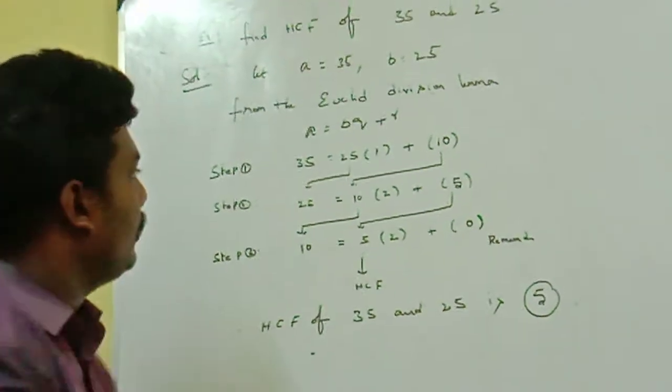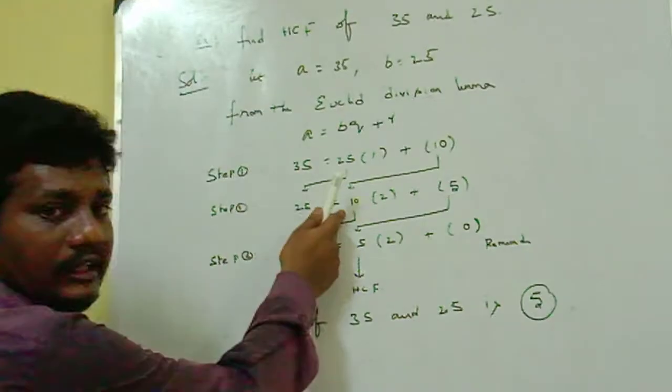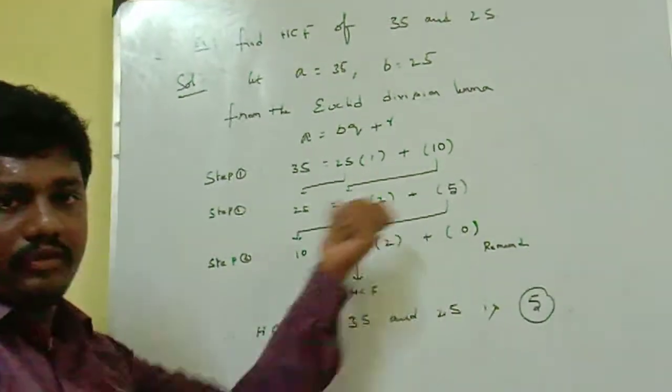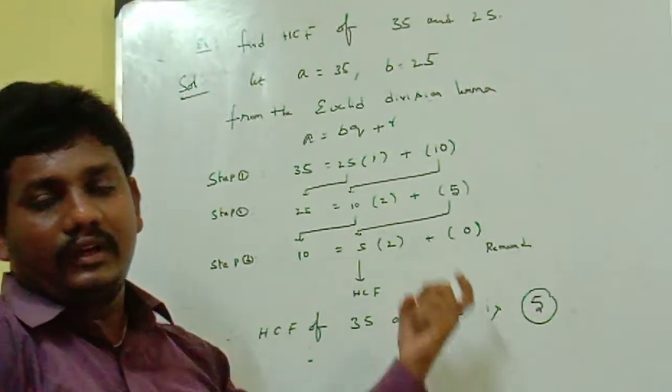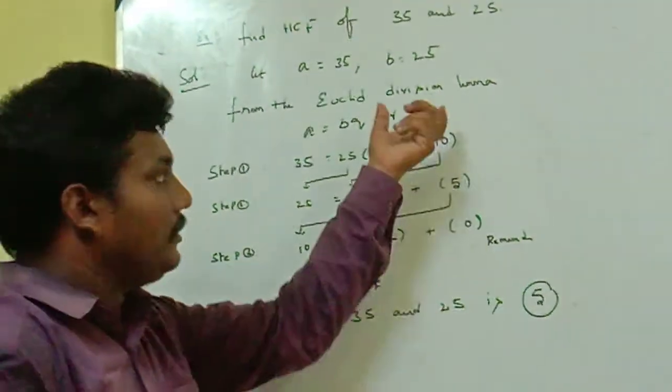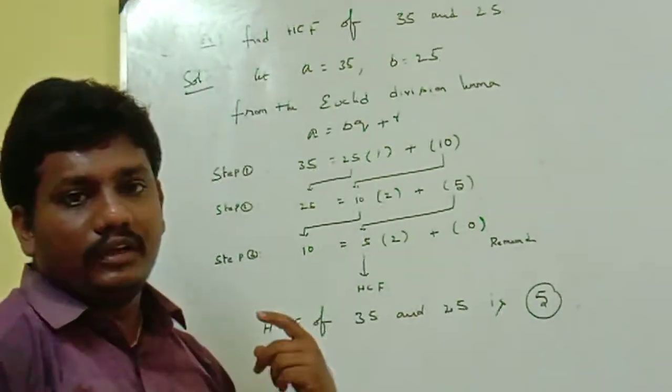In the second step we take the divisor as dividend and the remainder as divisor. Then we continue the steps. These are the sequential steps, and we call it the lemma. According to this division lemma, we are going to find the HCF of any two numbers.